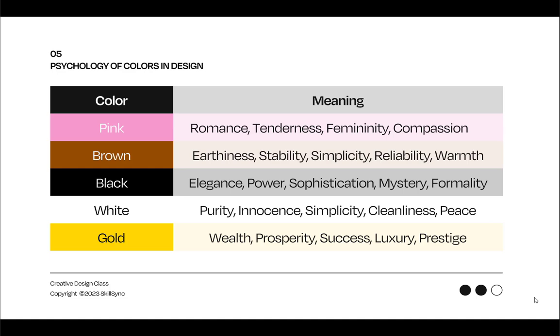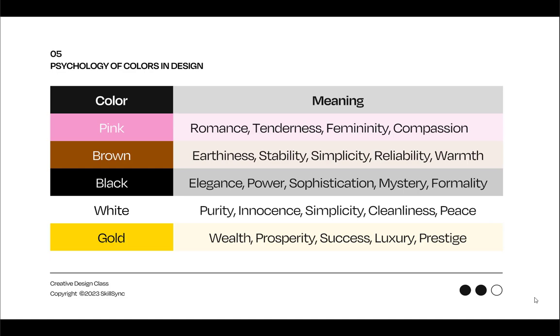We have pink, which represents romance, tenderness, femininity, compassion. So mostly when you are doing something regarding females, we use the color pink. And brown, which represents earthiness, stability, simplicity, reliability, and warmth.